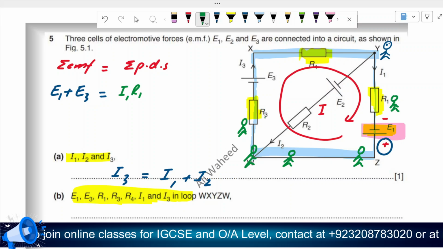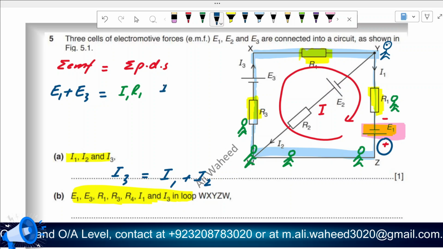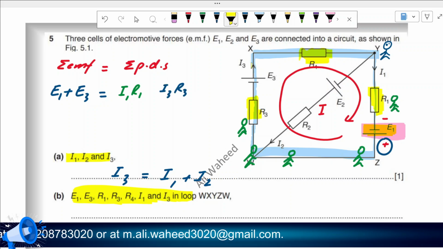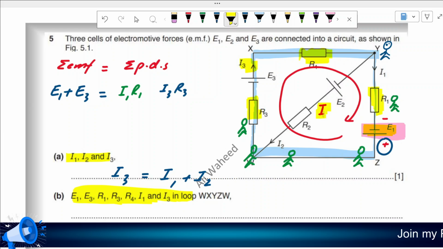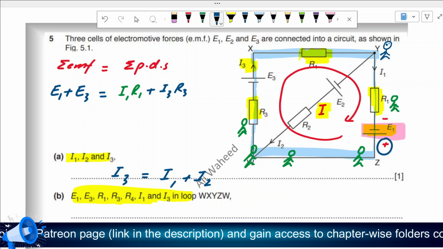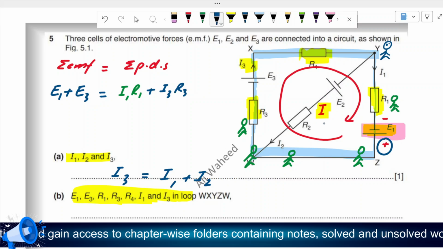It would be I3 R3. Why? Because if I trace this current, I3 is passing through R3. And the direction of this current is the same as the direction of the standard current. So I write it with the positive sign. I3 is clockwise. My standard direction is also clockwise. So positive.